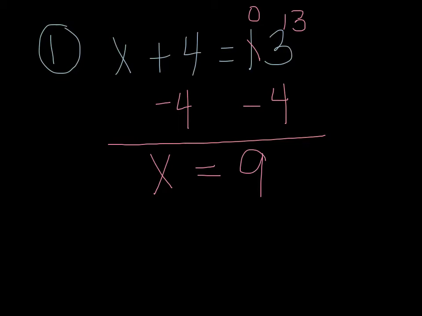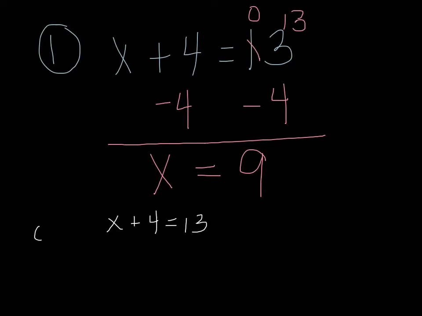Now underneath, I'm going to make sure that is actually the right answer. I said that x plus 4 equals 13, and the answer is that x must equal 9. Let's check that. I'm going to rewrite the equation small: x plus 4 equals 13.